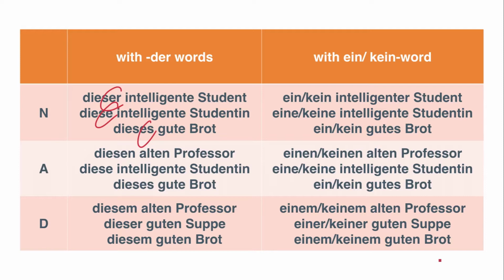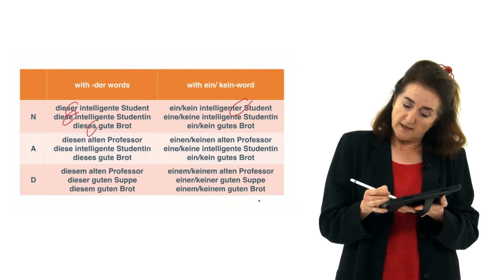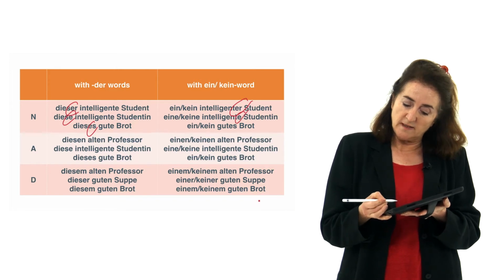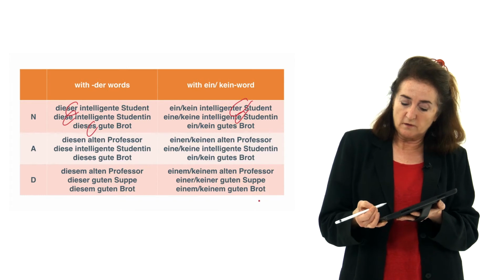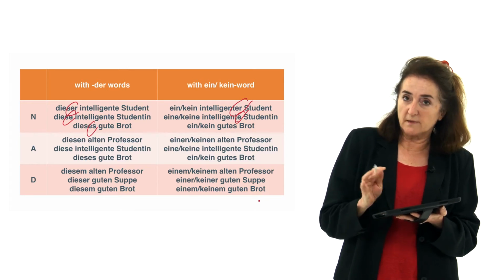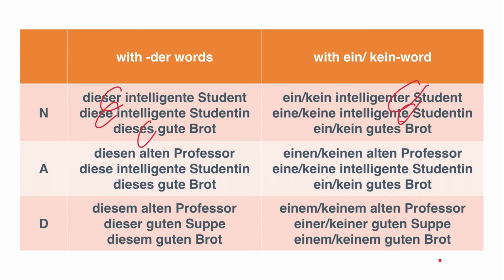The same thing is said, ein intelligenter Student. Yes, we have to say it's masculine and nominative. So er, and keine, no intelligent female student, which I can't quite believe, but only an e ending for feminine. And gutes Brot, es gibt sehr viel gutes Brot in Deutschland, lots of good bread to be had in Germany. The s ending for neuter.